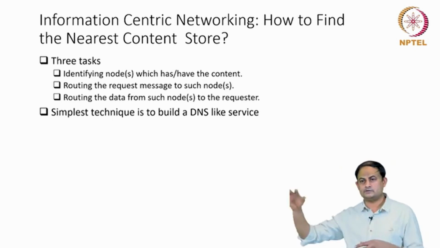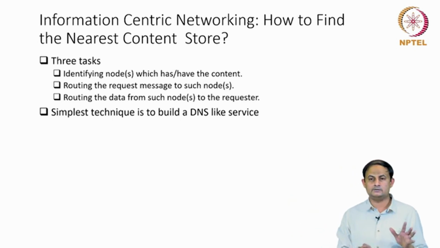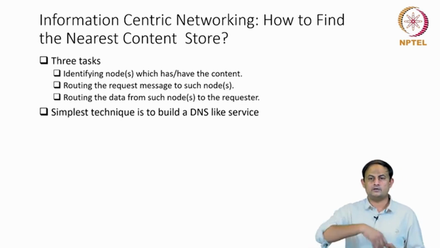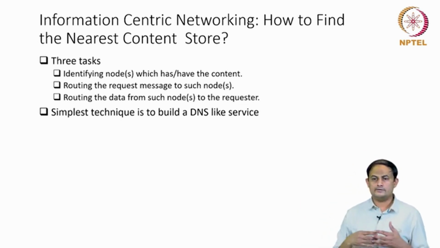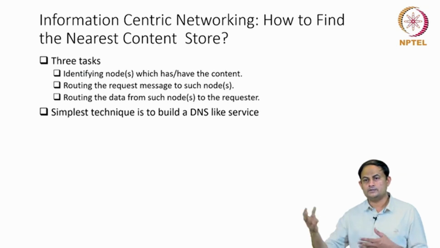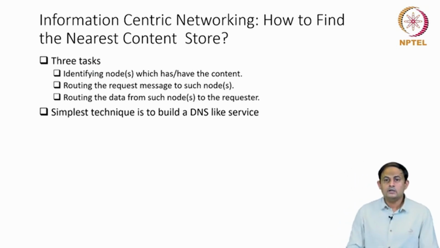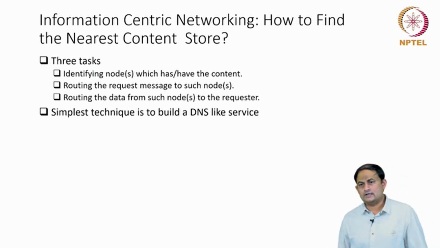Okay, router R1 has it, router R10 has it, router R1000 has it, so you can query any one of them. And then the router in question can decide to go to R1 or R10 or R1000, whichever router it thinks is the best location to get the content from, and get the content from that router.